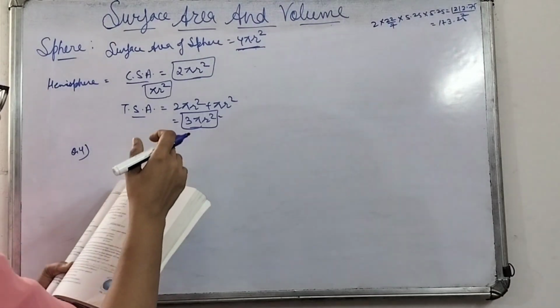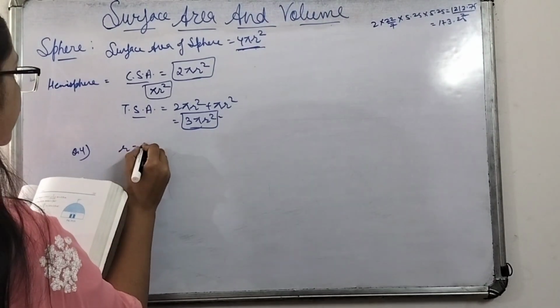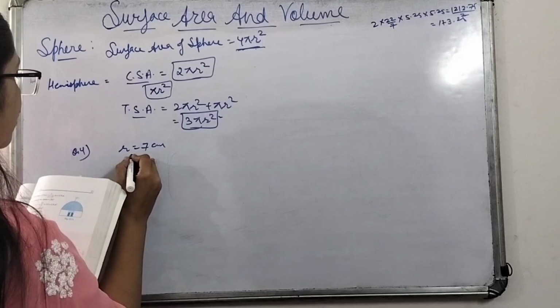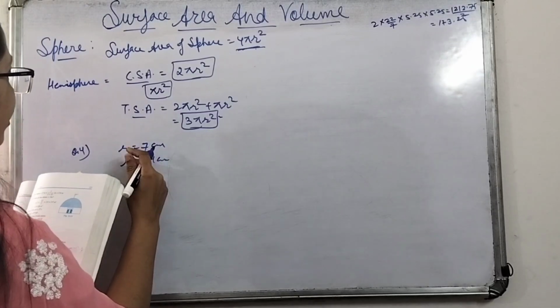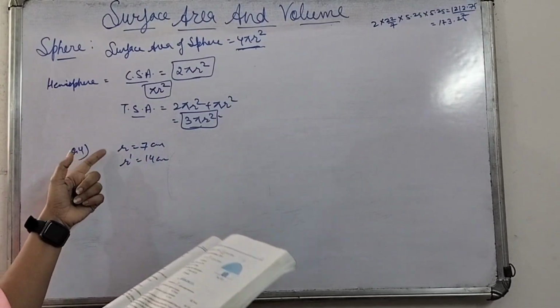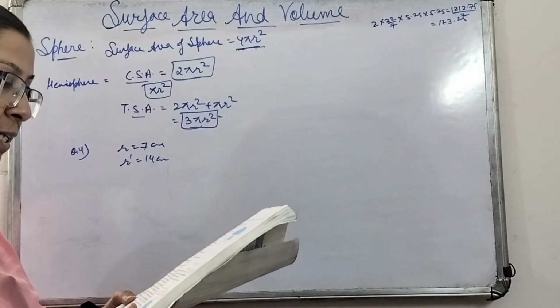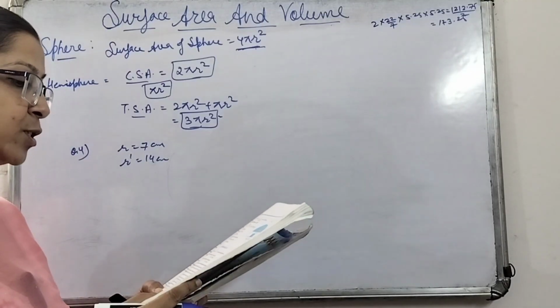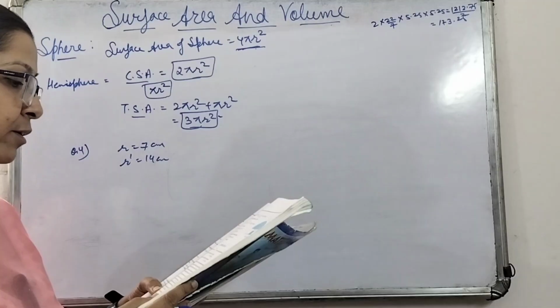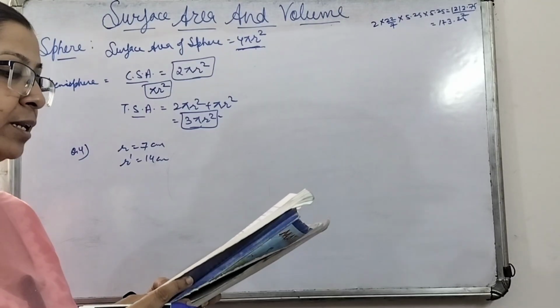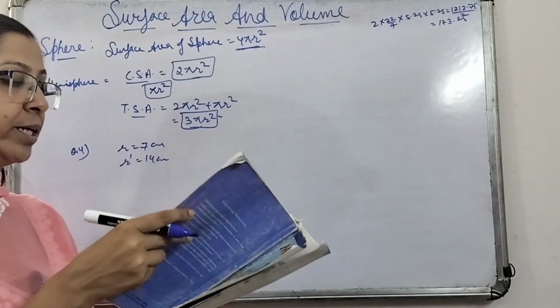Initially the radius was 7 centimeter. Then it changed to 14 centimeter. I have represented this by R dash. Initially it was R, that is 7 centimeter. Then it changed to R dash, that is 14 centimeter. As air is being pumped into it, find the ratio of the surface areas of the balloon in the two cases.